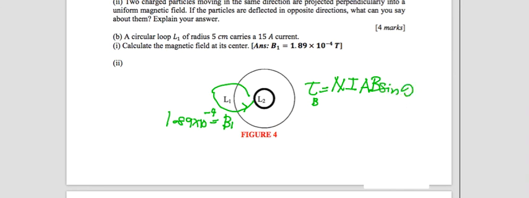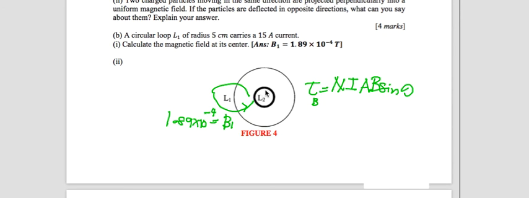Because the plane of L2 is parallel to loop 1, the angle theta here is equal to 0, and sine 0 is equal to 0. So the torque on loop 2 is equal to 0.